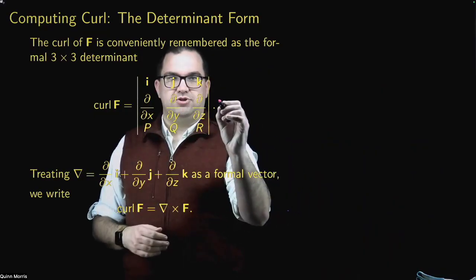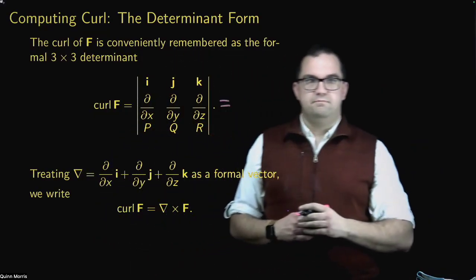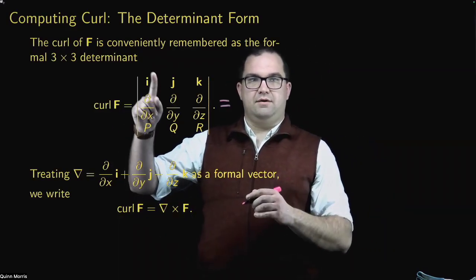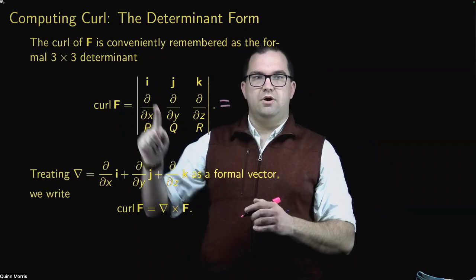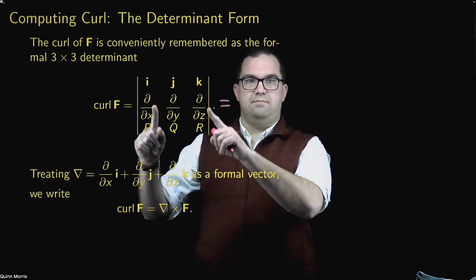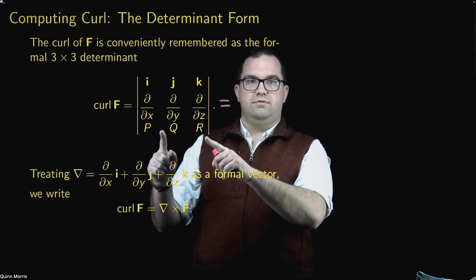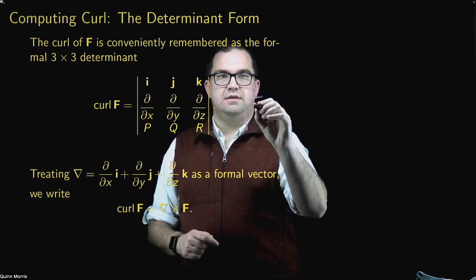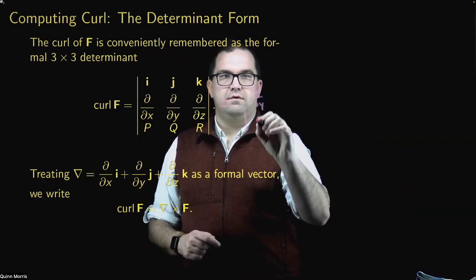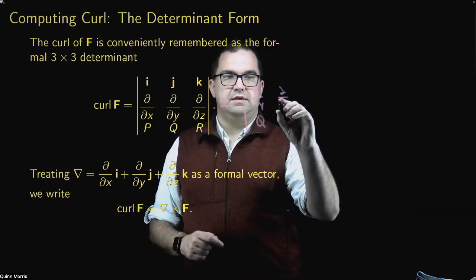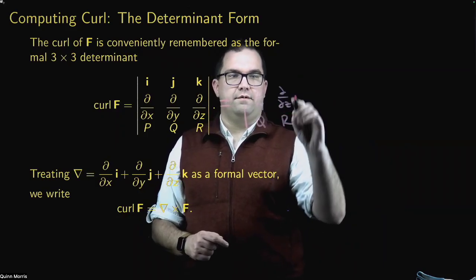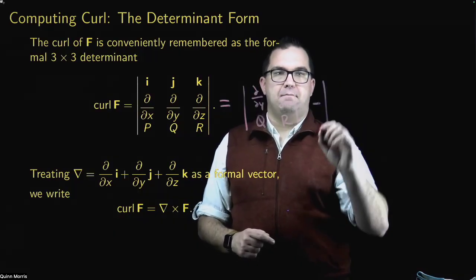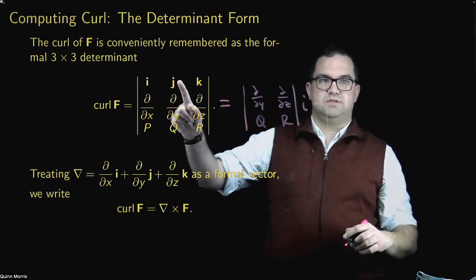It's pretty easy to see that if I do an expansion by minors along the first row, I have i times the submatrix, so I would get d/dy of Q and d/dz of R times i. Then I would get a minus, going to the second entry, which is j, with d/dx of P and d/dz of R times j.